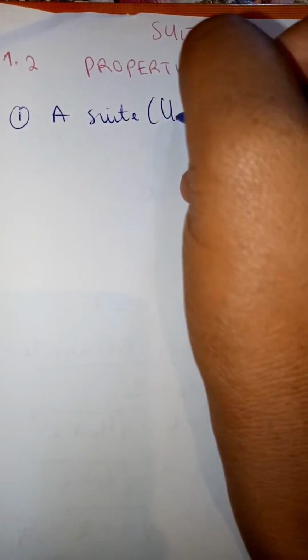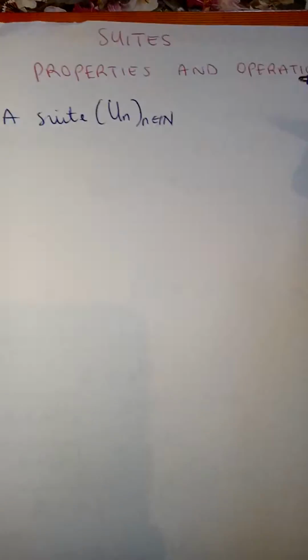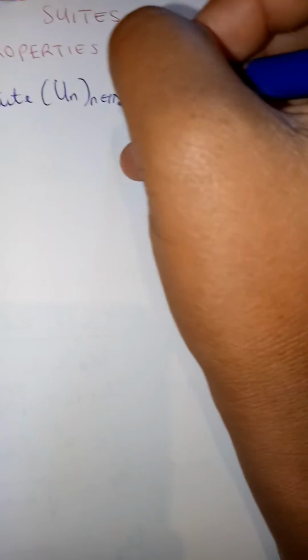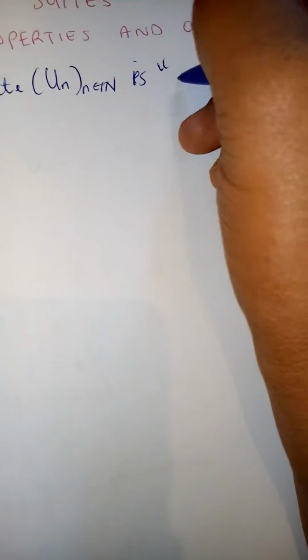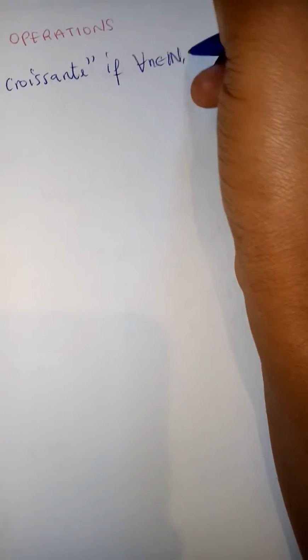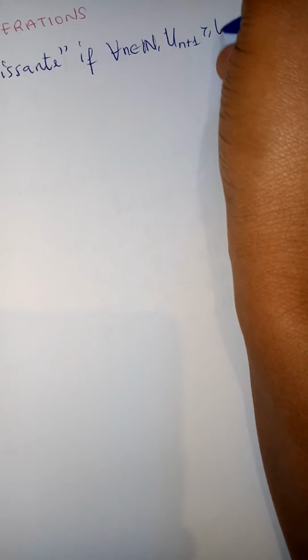First, a suite Un, lorsque n appartient à N, is "croissante" in quotes if pour tout n appartient à grand N, Un+1 est supérieur ou égal à Un.